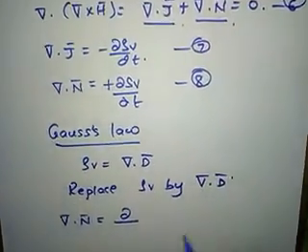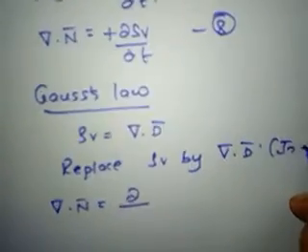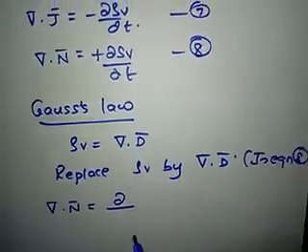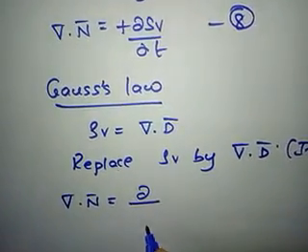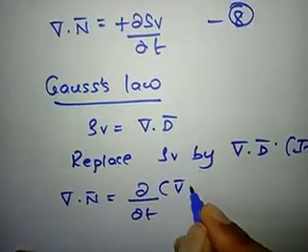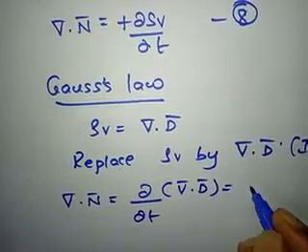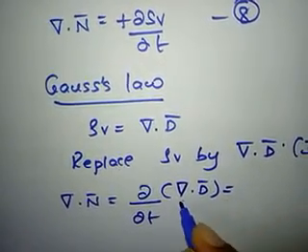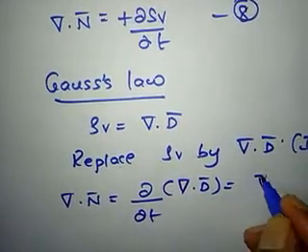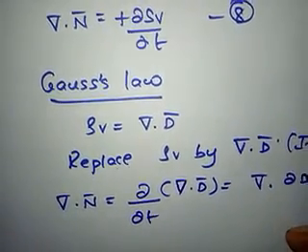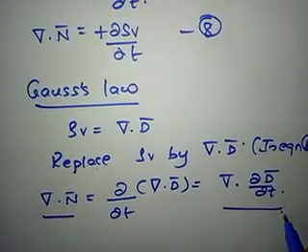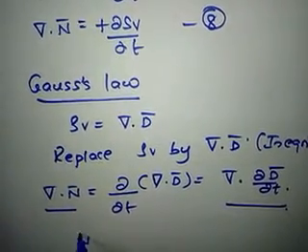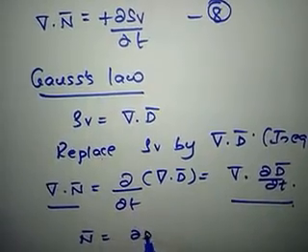In equation 8, replace rho v by del dot d bar. So del dot n bar is equal to dou by dou t of del dot d bar. Del is a scalar operator, so it is constant; take it outside. So del dot of dou d bar by dou t. If we compare the LHS and RHS of this equation, we get n bar is equal to dou d bar by dou t.